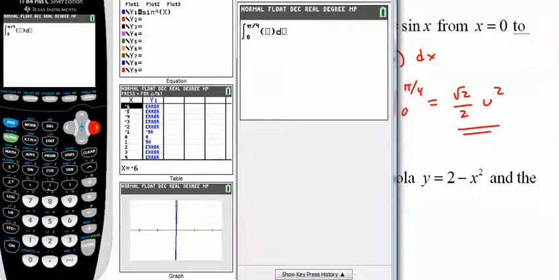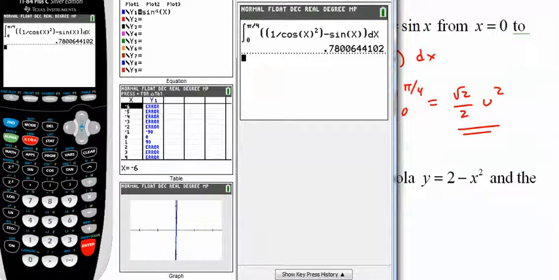In this case, a little tricky: 1 divided by cosine x squared, parentheses, minus sine of x, with respect to x.